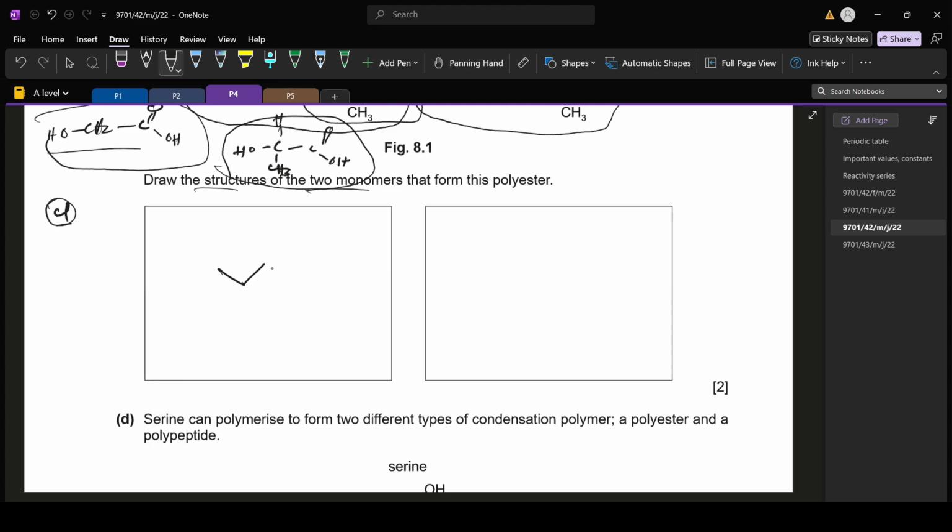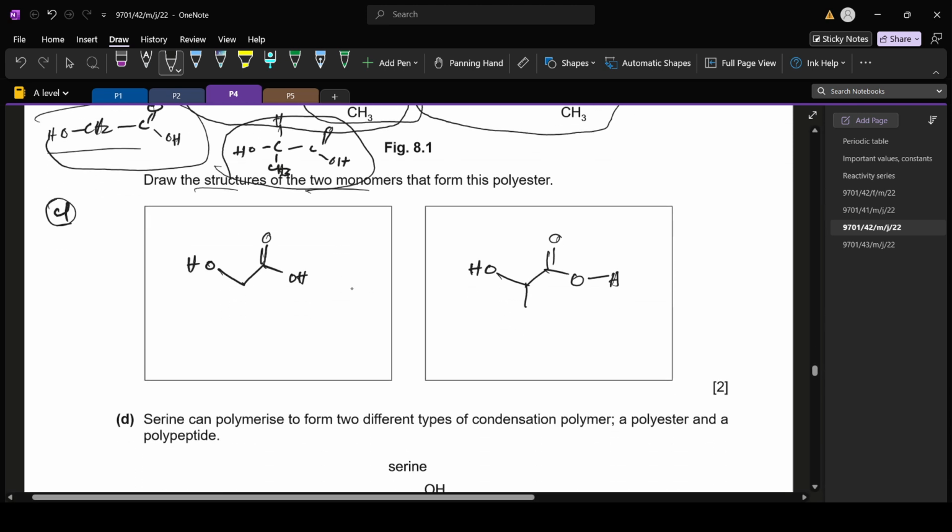You can draw in skeletal formula because the marking scheme gives it in skeletal formula, but it is not necessary because it doesn't bind us to write in skeletal formula. You can write in any other formula as well. So these are your both monomers.